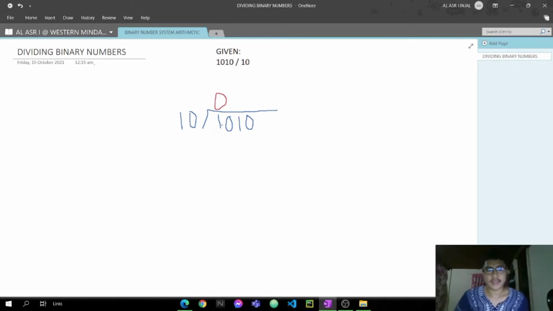Then here 1, 0, so here we can see that they have the same value, so the answer is 1. Then here perform the next operation, which is multiply 1 to 0 will give you 0, and 1 times 1, 1.